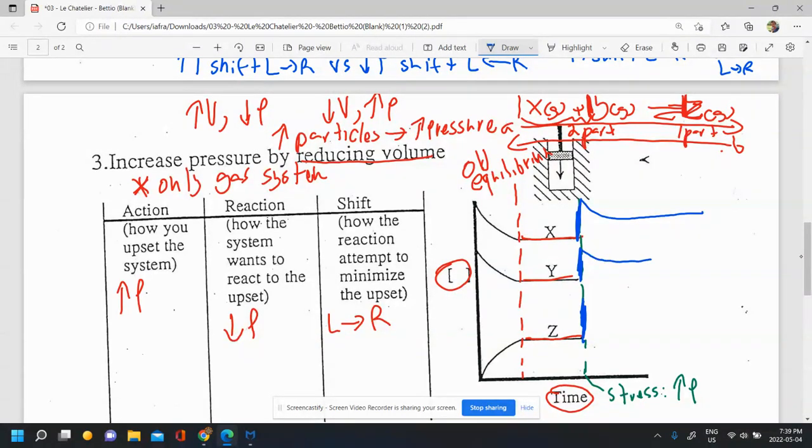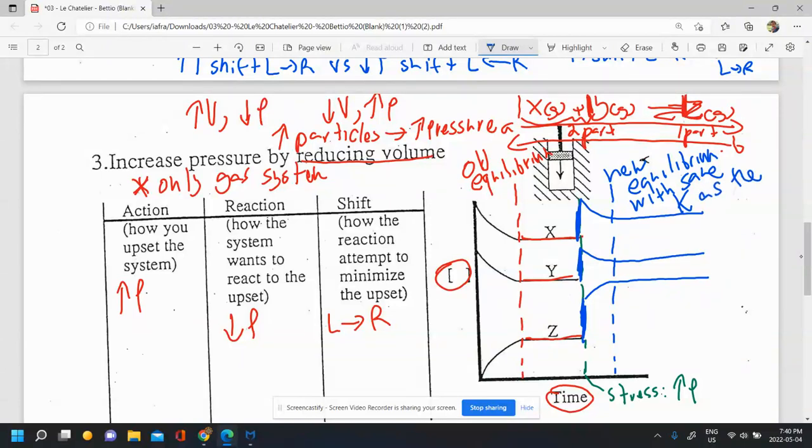But for Z, it's going to go up, and then it stops going up. At the point where they've all flatlined, this is our new equilibrium, with the same K as the old one.